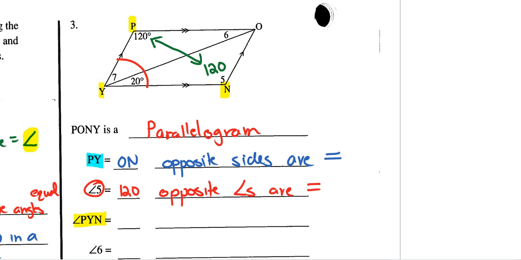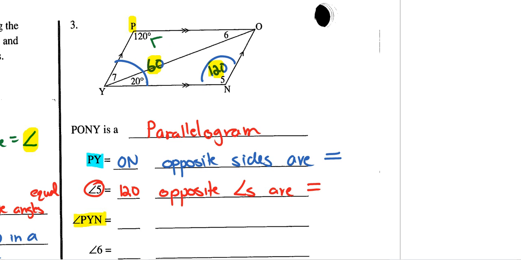And I know that in a parallelogram, these blue angles need to add to 180 degrees. So if I know that this is 120 degrees, then this whole angle has to be 60 degrees, right? Because 120 plus 60 adds up to 180 degrees.